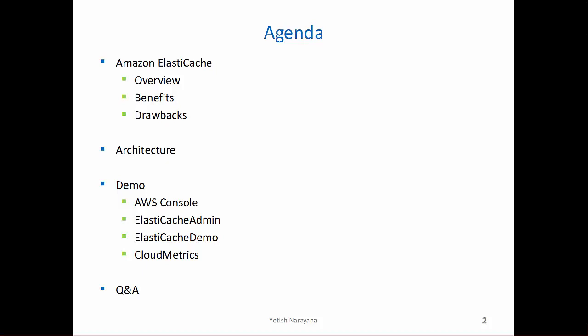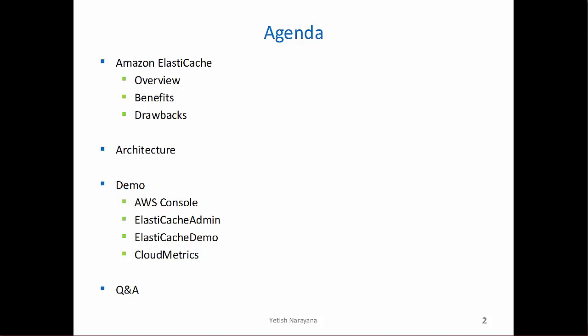I'm also going to show how to create, delete, and view cluster details using the AWS console, and also using the AWS SDK API. I'm going to demonstrate that because I've developed an application called ElastiCache Admin.